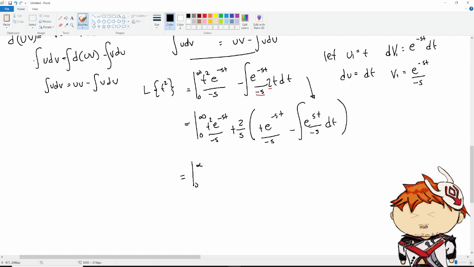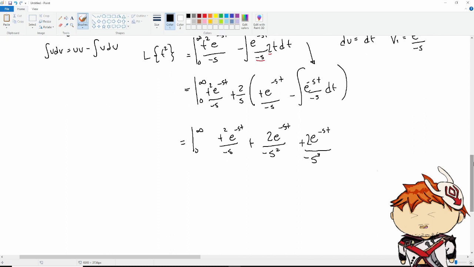So, from 0 to infinity, t squared e to the negative st over negative s, plus 2t e to the negative st over negative s squared, minus 2 e to the negative st over negative s cubed. Okay, there we go. So that is our Laplace transform without the upper and lower limits.